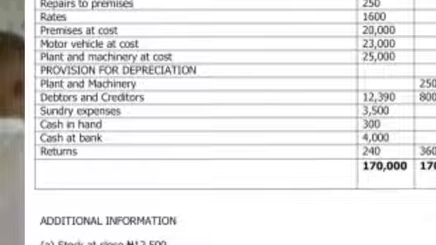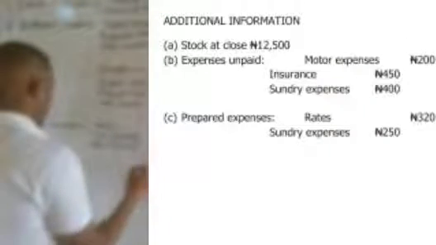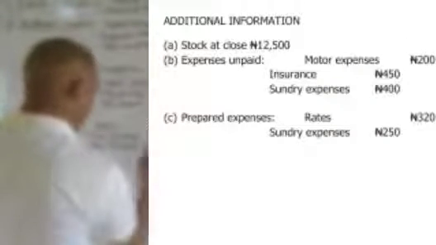In the trial balance, how much was paid is 1,600. Now prepaid, you less. So we'll say less prepaid or payment in advance. So the prepaid, he said it's 320 in the one in the additional information. So 16 minus 320 will give us 1,280. So it is this 1,280 that will go to profit or loss, and this will go to balance sheet.